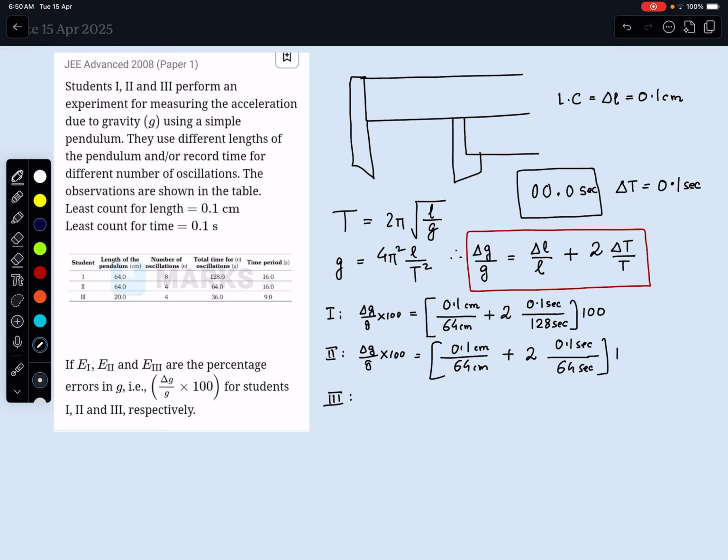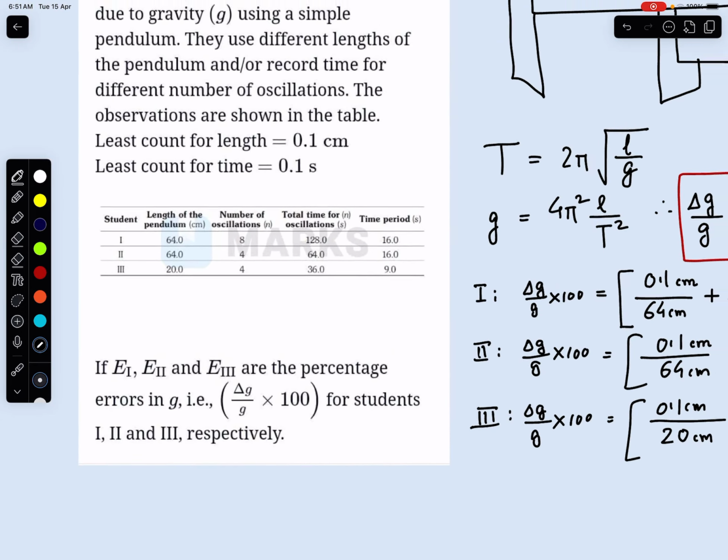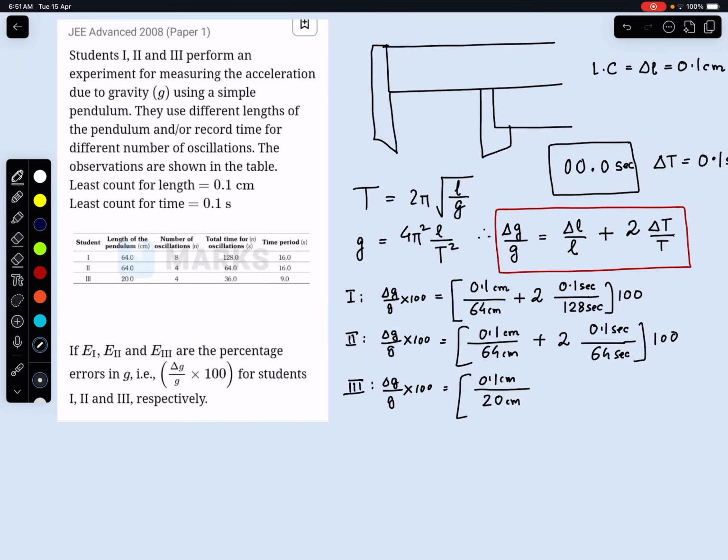into 100. Next it is delta G by G into 100, that is 0.1 centimeter divided by 20 centimeter. See, observation 3, it is 20 centimeter and time is 36.